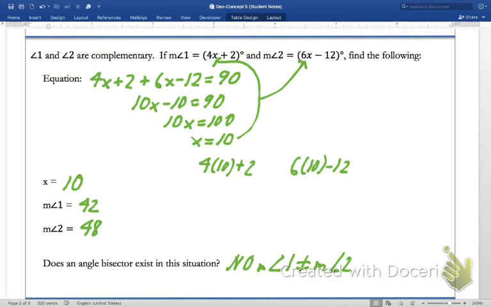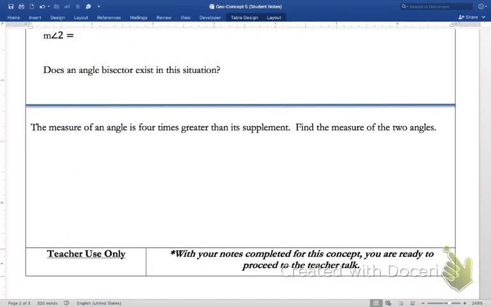One more example. The measure of an angle is 4 times greater than its supplement. Find the measure of the two angles. Okay, so the measure of an angle is 4 times greater than its supplement. So we've got supplementary angles.